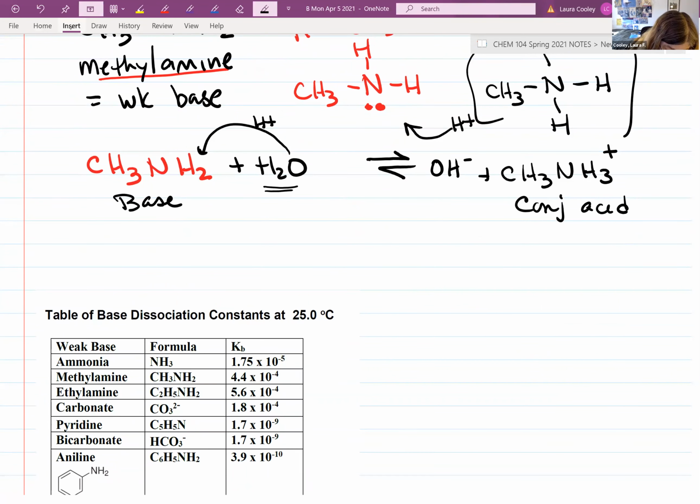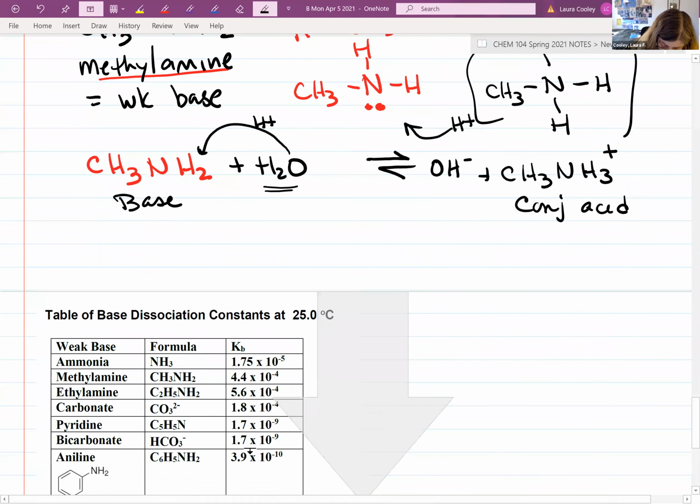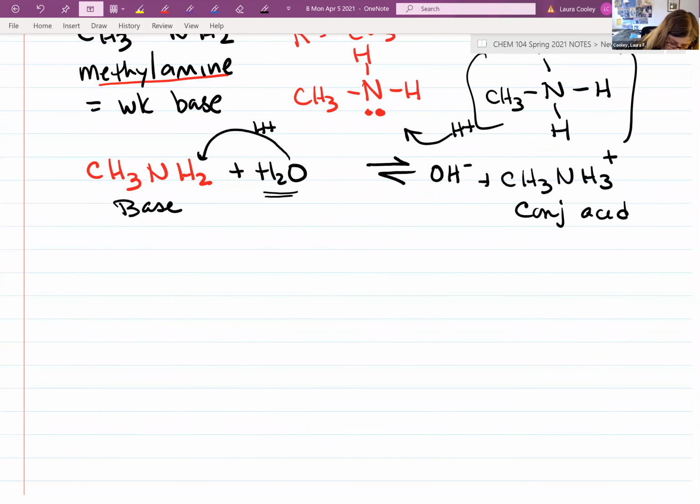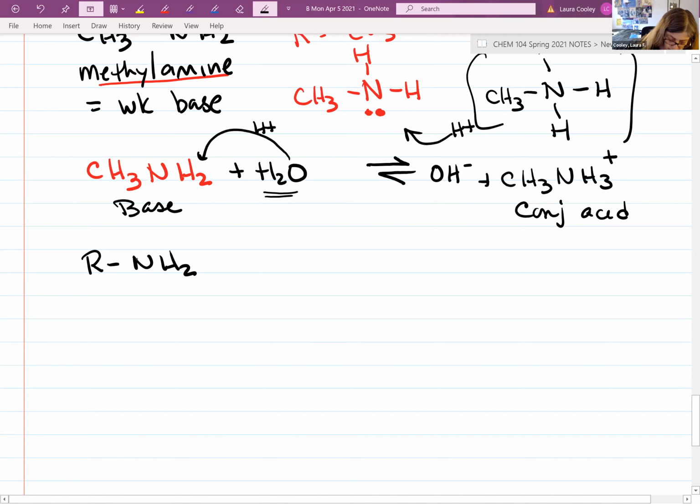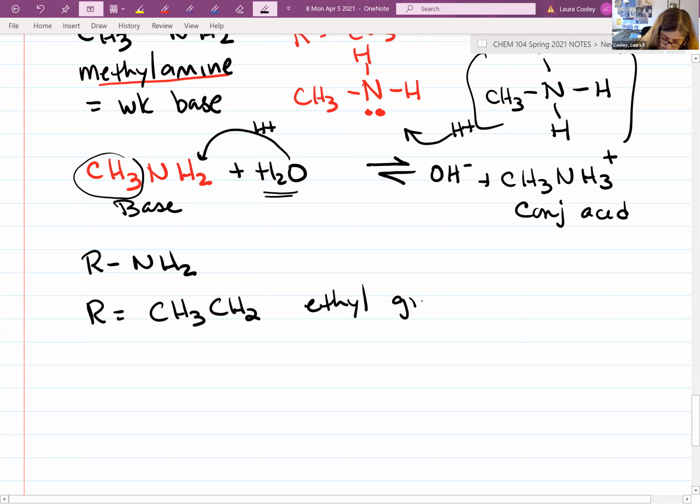There's quite a number of examples. So let's go back, RNH2. If R is a methyl group, you get methylamine. If R is an ethyl group, then you get ethylamine.